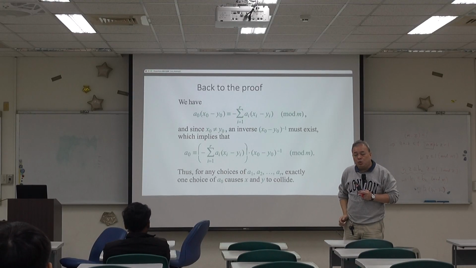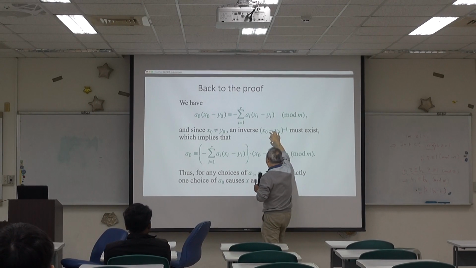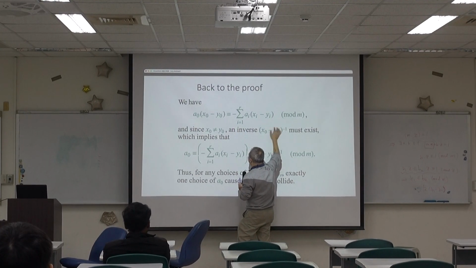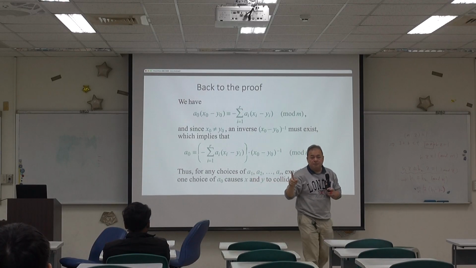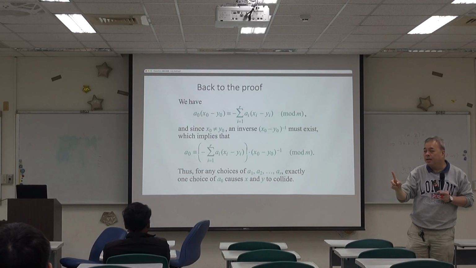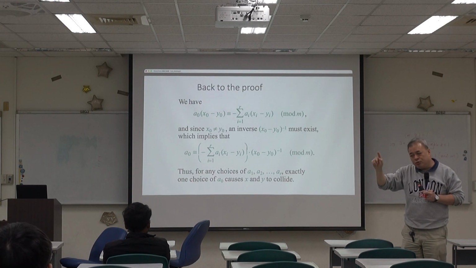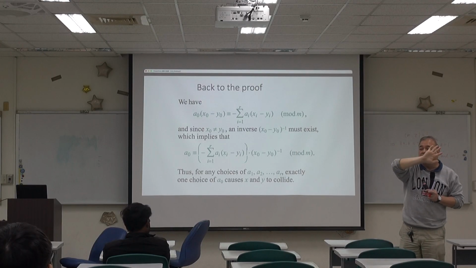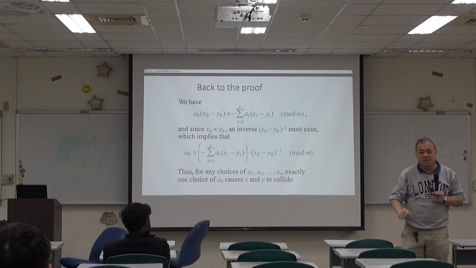If the right side is determined, then A0 has only one possible solution.